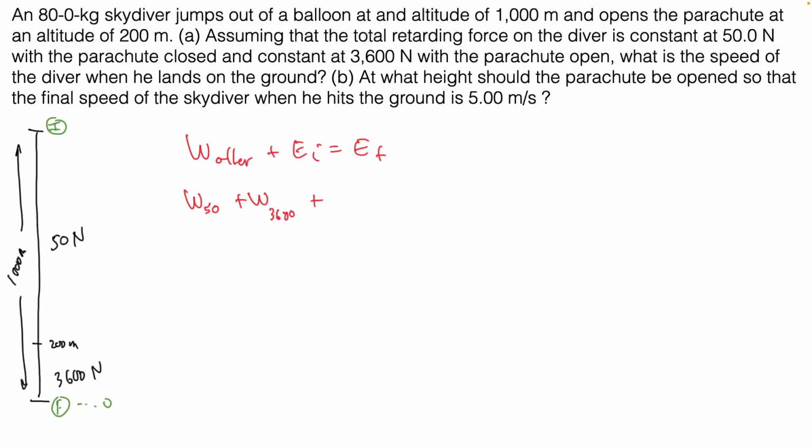All right. What kind of energy does the skydiver have initially? What kind of potential? Gravity. Any kinetic? Why not? Starts at, hops out of the airplane, starts at 0. All right?